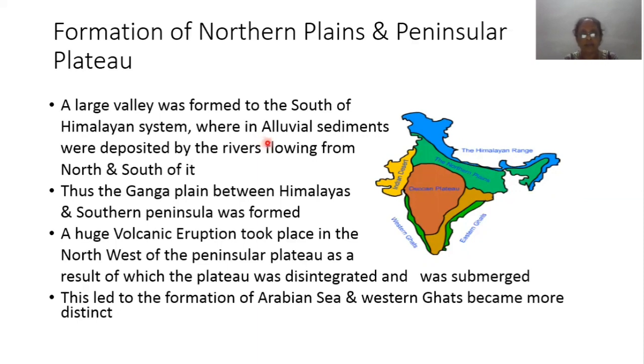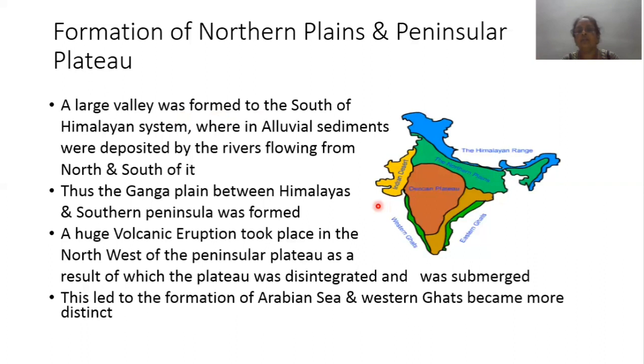And we can see that in the north of India, there are lofty, high mountain ranges, the Himalayan mountain ranges. And many plateaus are also there. In the southern part of India, we can see plateaus. And we have seen that many passes are also there.